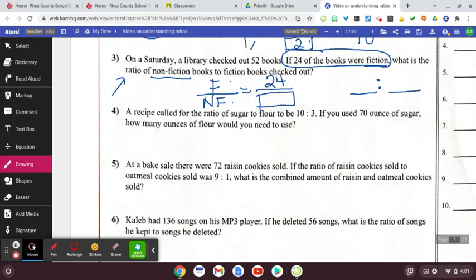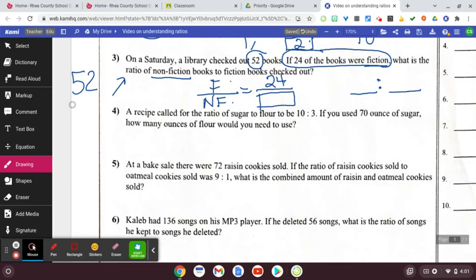But it's actually telling us what to do. If we know that 24 is fiction, we can easily take our total amount of books and subtract 24 from them. So if I take 52 total books, subtract 24 of them, we can see that 28 must be nonfiction.